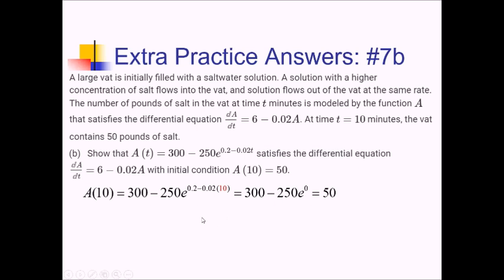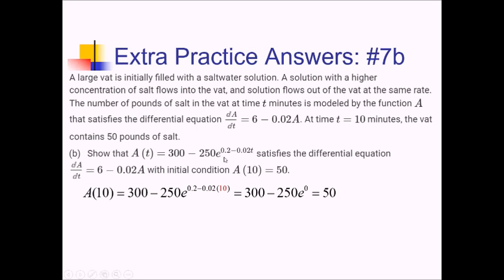Moving on now, we're going to show that this differential equation is true. To do that, we're going to figure out what dA over dt looks like for this A of t that they've given us. We're going to see what 6 minus 0.02 times A looks like for this A value, and then we're going to show that those two things are the same expression. So dA over dt, just taking the derivative of this thing, we're going to need the chain rule on this.